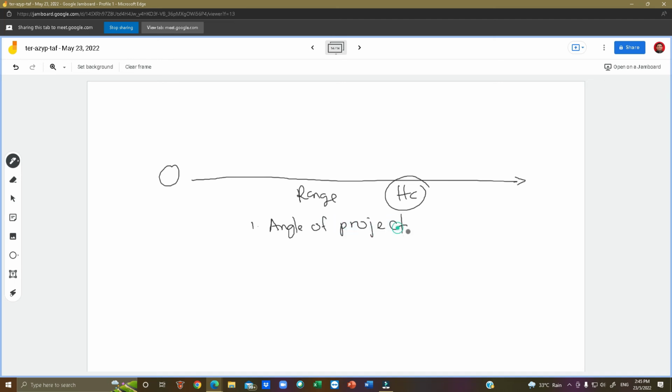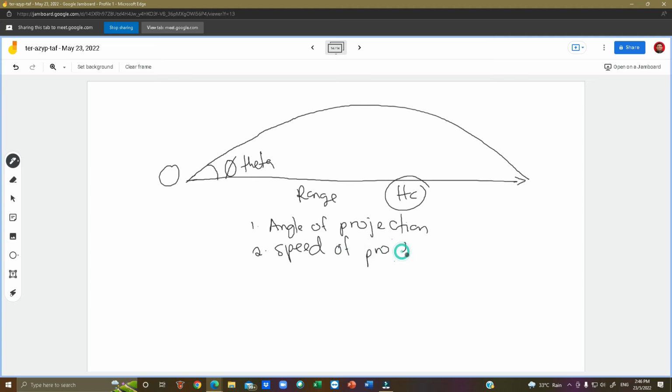Bila kita cerita projectile, dia akan ada angle ni kan, melengkung ni. So what is the angle here? Ataupun kita namakan dia sebagai theta. What is the angle? Number 2 is the speed of projection. Berapa speed ni?